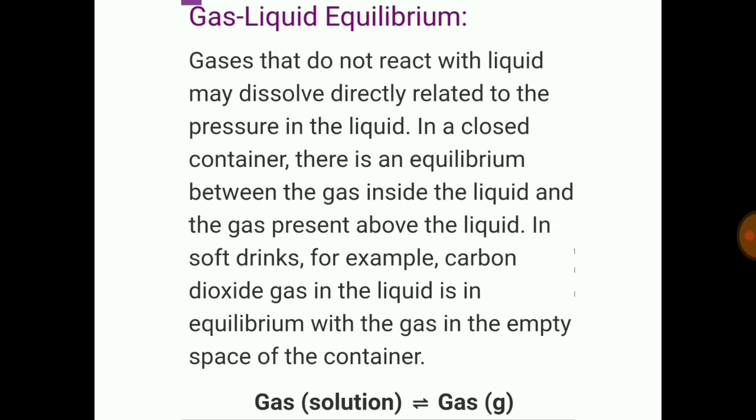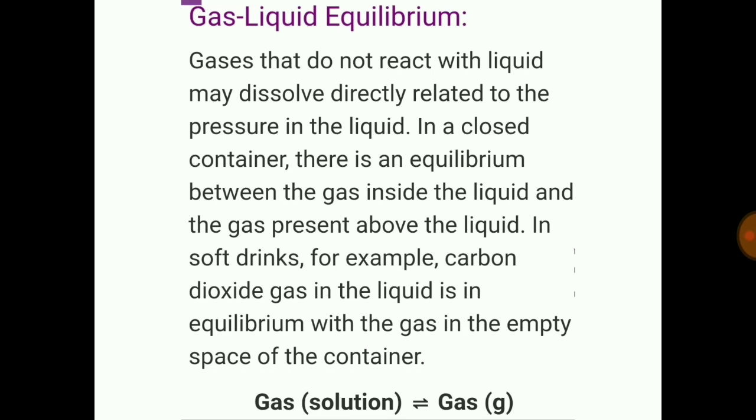Now, gas-liquid equilibrium. Gases which do not react with a liquid may dissolve in it, directly related to the pressure. In a closed container, there is an equilibrium between the gas inside the liquid and the gas present above the liquid. If we take the example of soft drinks, carbon dioxide gas in the liquid is in equilibrium with the gas in the empty space of the container.